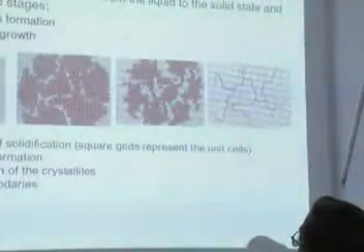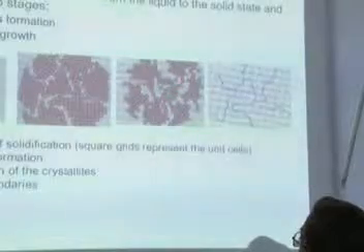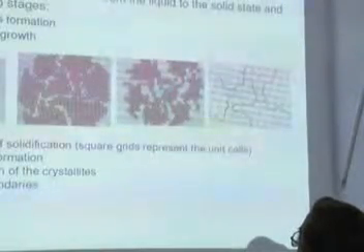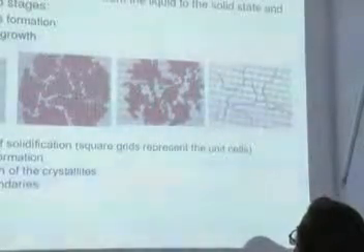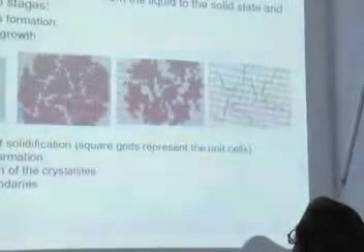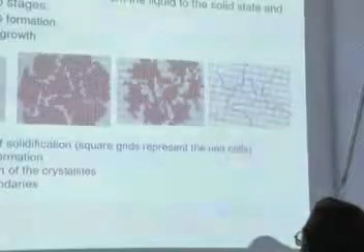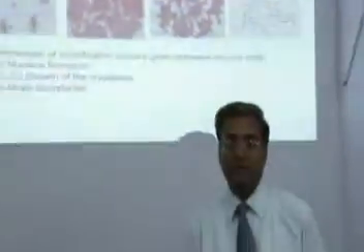Once these are all filled, you will find that there is a boundary across this. This is one boundary, this will create another, and therefore this is called the grain boundary. So these grain boundaries are weaker regions. When you deform, the material would like to slip across these grain boundaries.